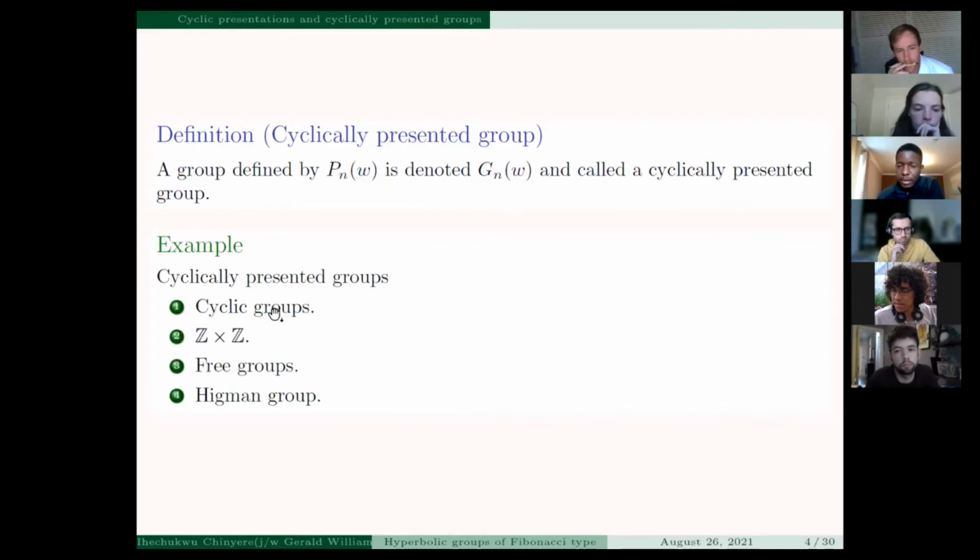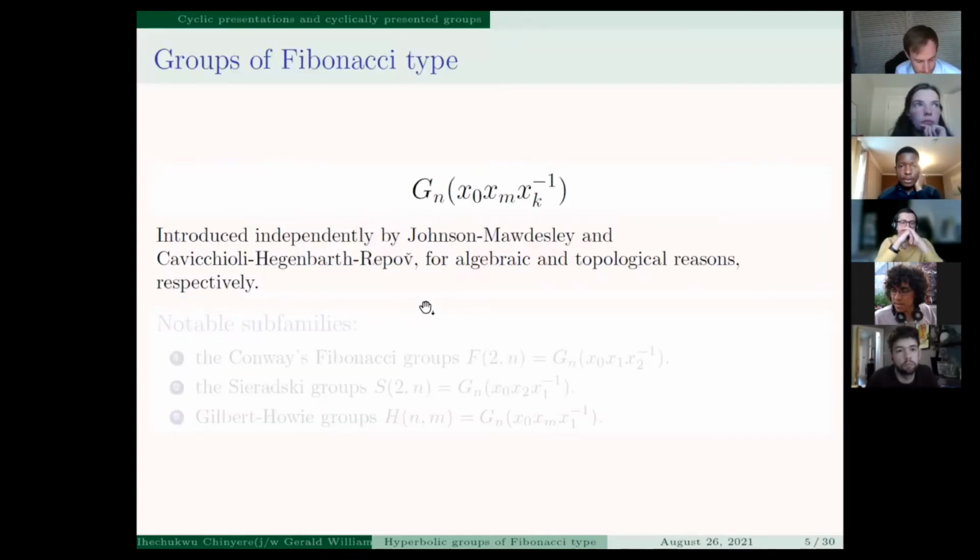Some examples are cyclic groups, free abelian groups (we just saw one), free groups, the Higman group and many others. But the groups that I'm interested in today are these cyclically presented groups of this form.